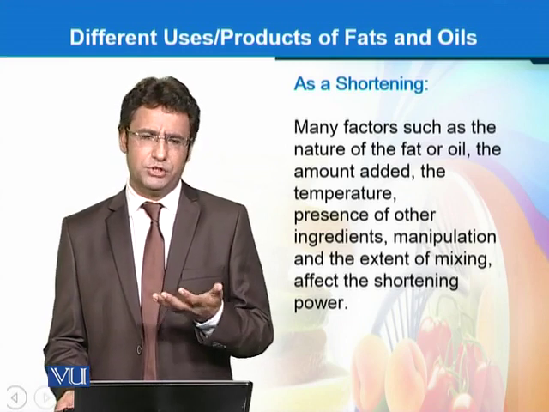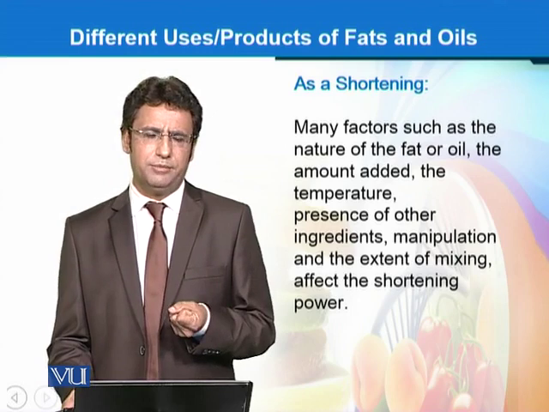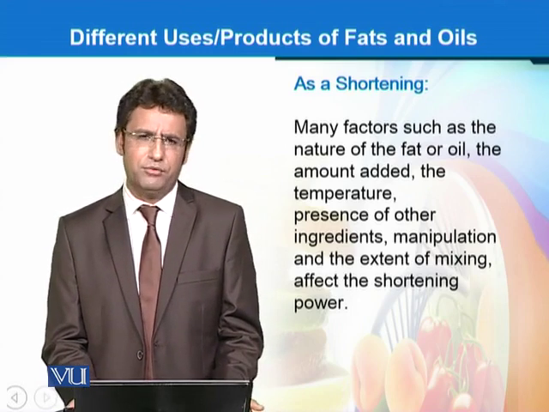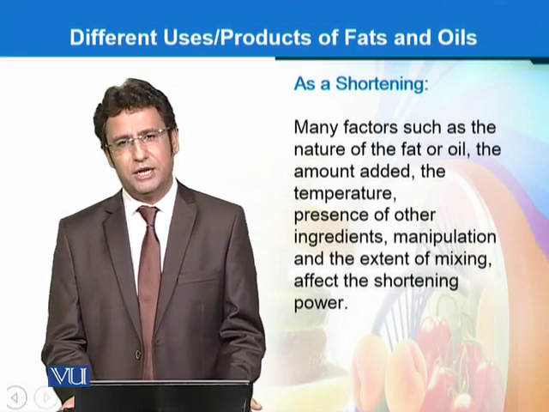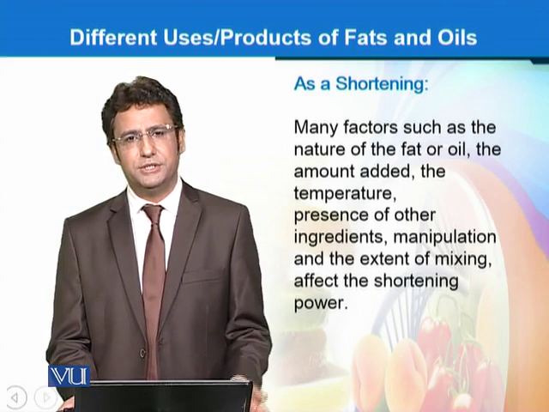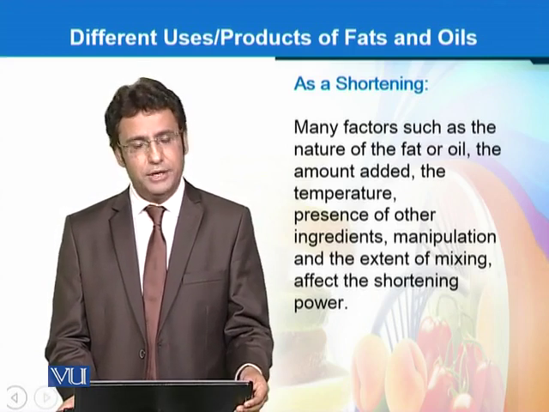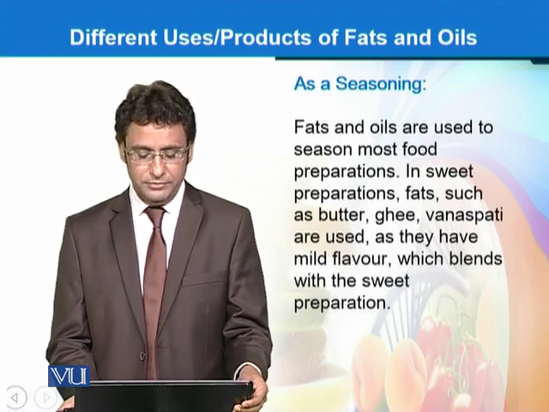That is why most shortenings have higher melting points as compared to routine fats and oil. It would also depend upon what other ingredients we are using and what level of manipulation is done to the shortening, because we do mix it with other ingredients during baking operations.